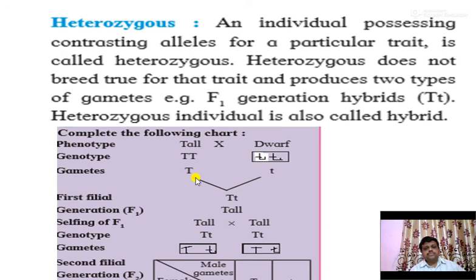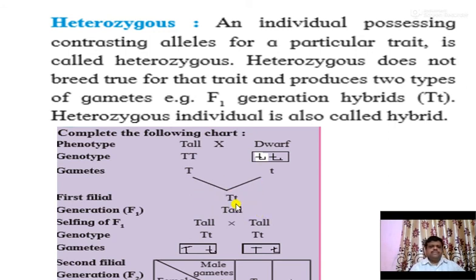After fusion, the F1 plant, or first filial generation, will be a tall plant, but this plant is not pure, because it is heterozygous. It is not homozygous. In this cross, all F1 generation plants are tall.